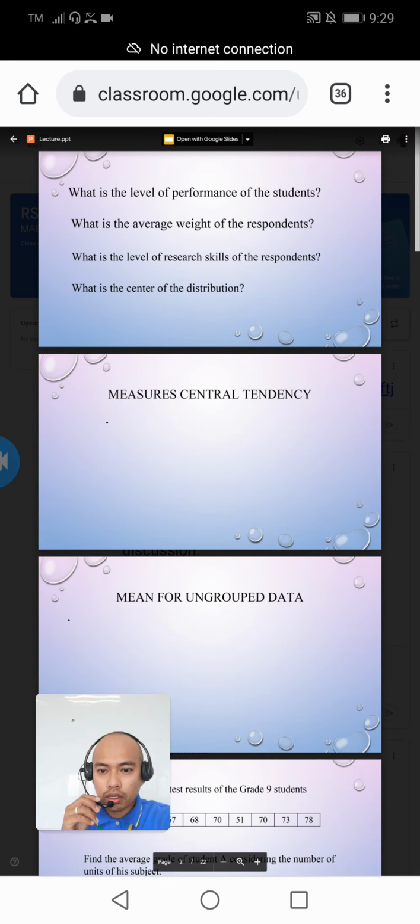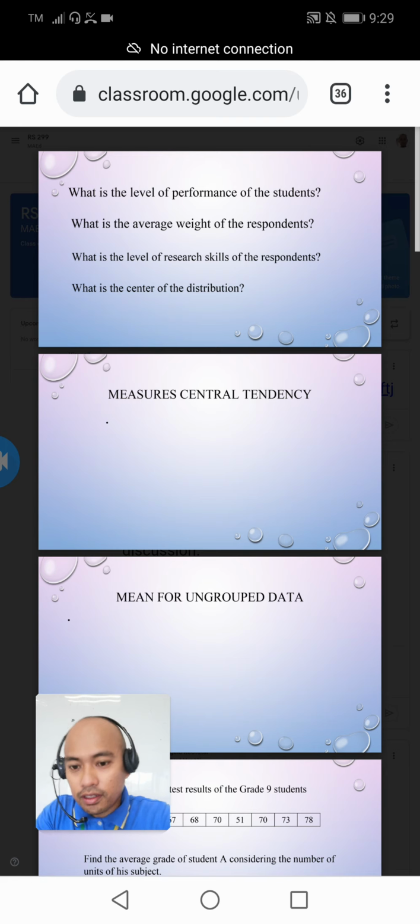Please bear with me if I cannot meet you synchronously, because later on we'll be having a Google Meet or a meeting. As I said in what I have posted in our Facebook page, we'll be having a meeting with regards to the incoming level 4 phase 2 accreditation of the MAME program and the MST program.